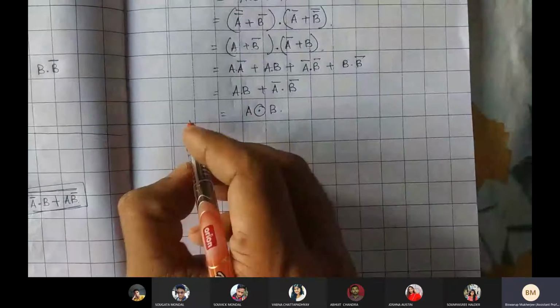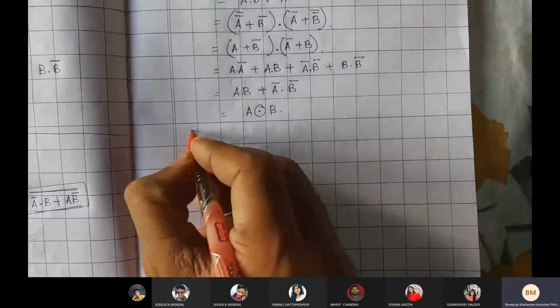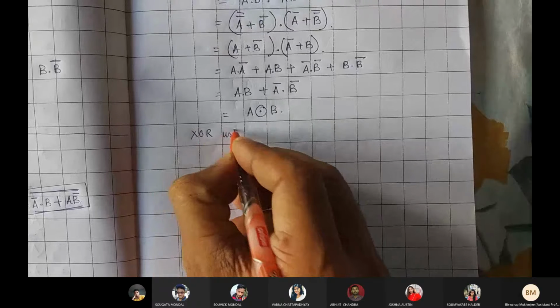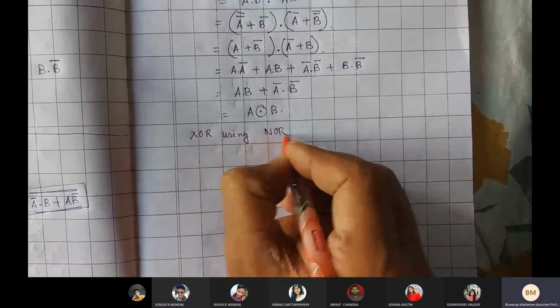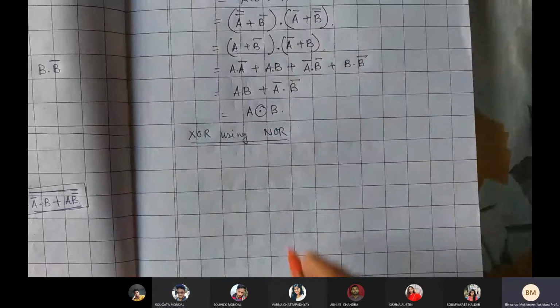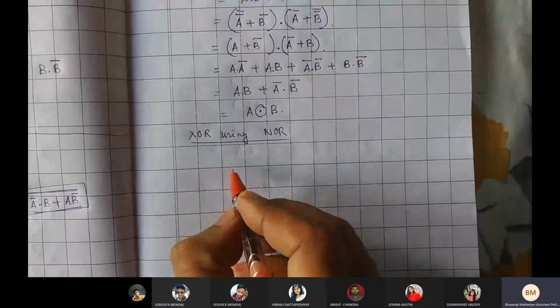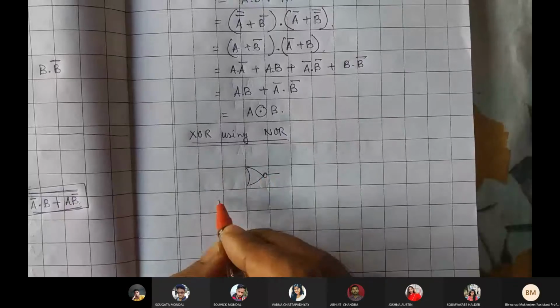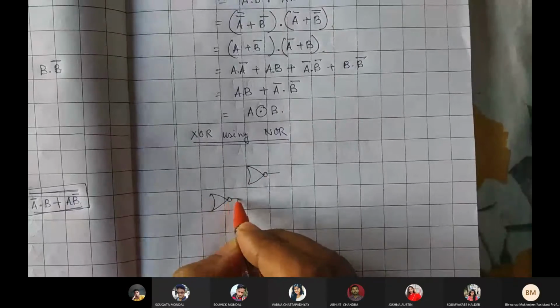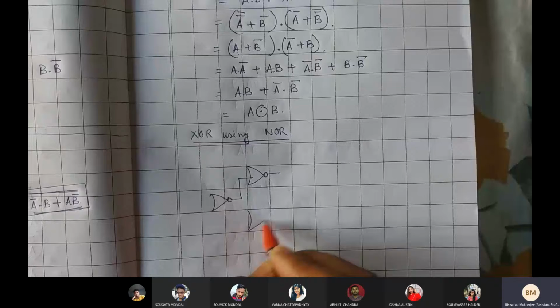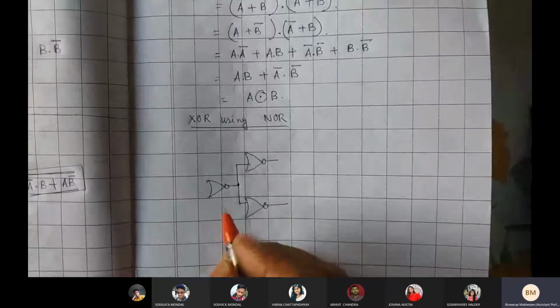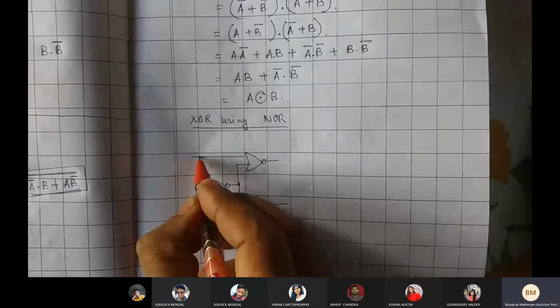Right now, the last one, that is XOR using NOR. Again the same configuration with an extra NOT gate should be there using NOR, right?